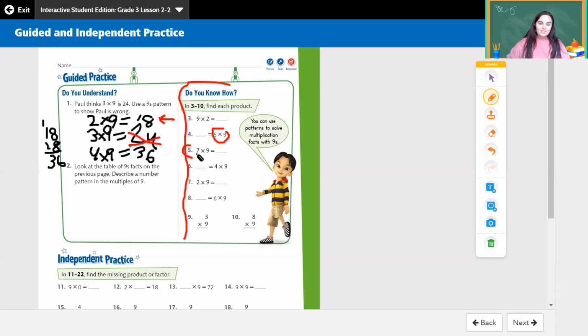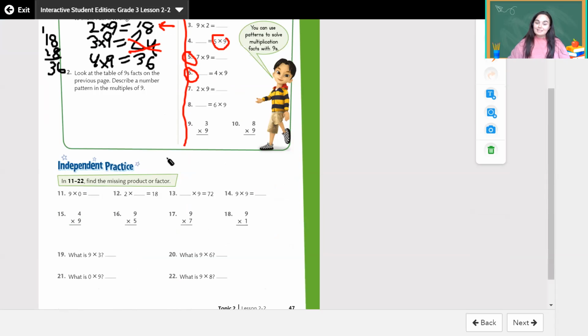On number 5, I challenge you to use the multiply by 10 and then take away the 1s method to solve 7 times 9. And then I challenge you to use the repeated addition, either an array if you'd like to, or just repeated doubled addition to solve 4 times 9. Okay? Hint, hint, we've also solved this one on this page somewhere. Okay, and then again, 2 times 9, kind of jumping back on itself from number 3. So go ahead and finish in the Did You Know section as well as the independent practice.